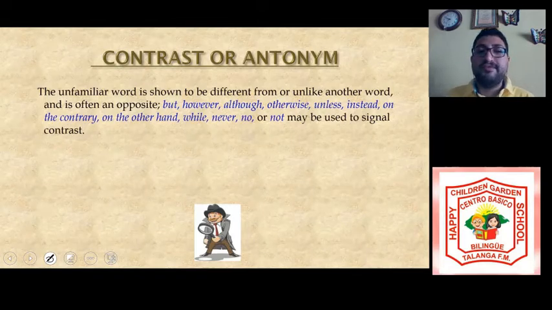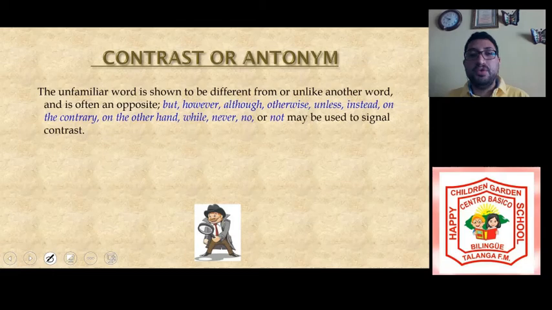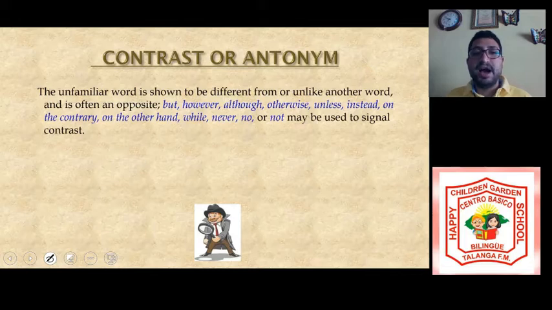So we're going to find keywords that tell us that we have a contrast or an antonym. We're going to have but, however, although, otherwise, unless, instead, on the contrary, on the other hand, while, never, no, or not. So they're going to be signaling us that we have a contrast in there.